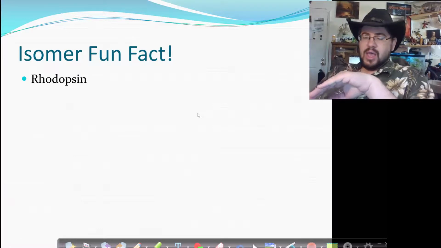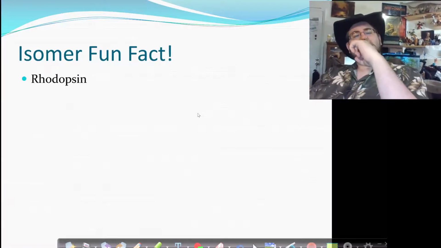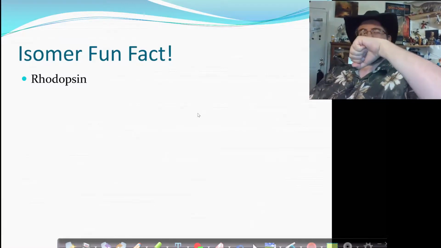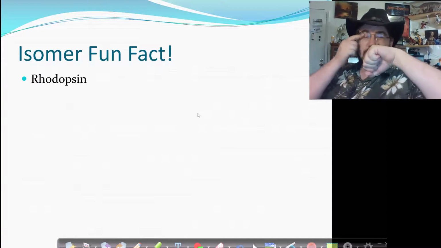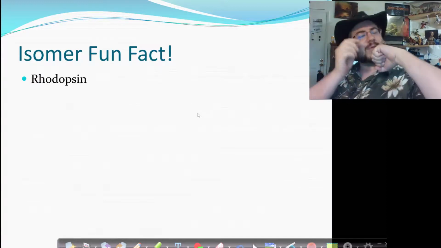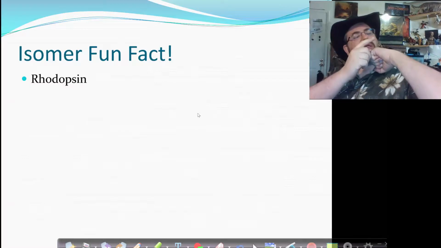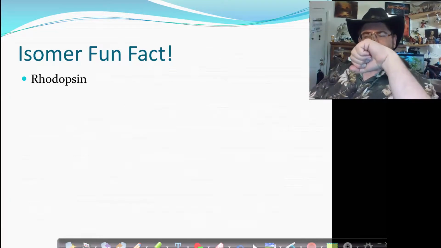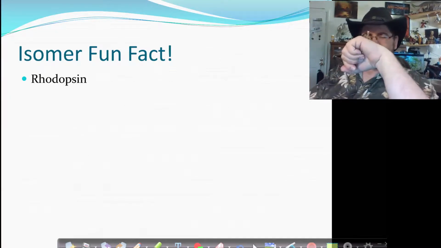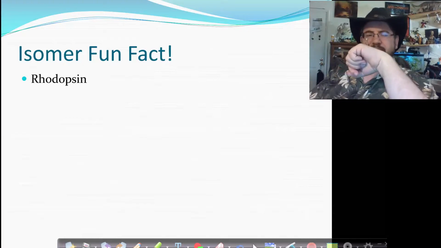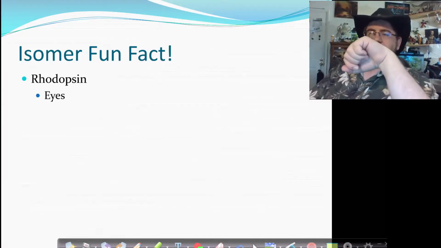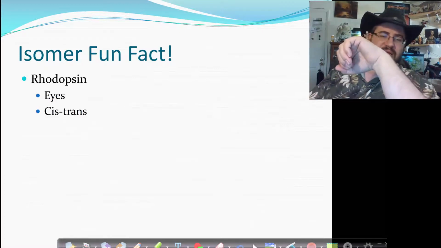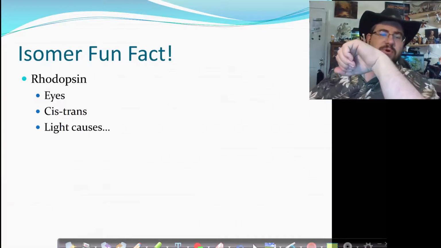Okay, so a fun fact for enantiomers, or for isomers, excuse me, would be with regards to your ability to see. Human vision. I don't know about bug vision, but certainly with human vision, you have a protein down by your little eyeball sensors where light is detected called rhodopsin. So it's in your eyes. It's at the little cell that detects light, and basically it's a cis-trans isomer.